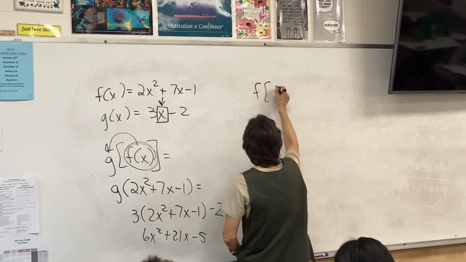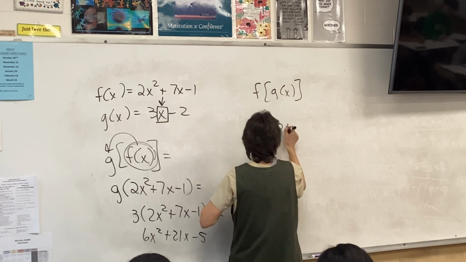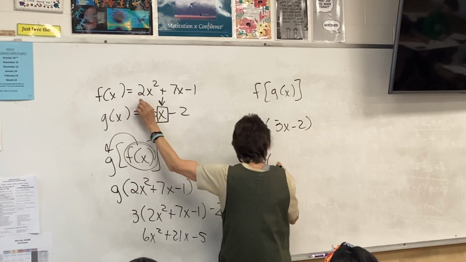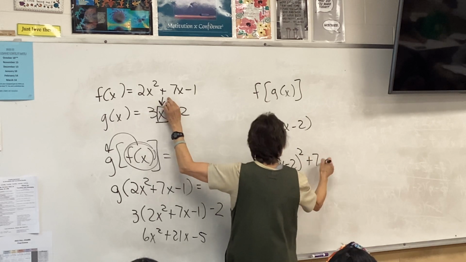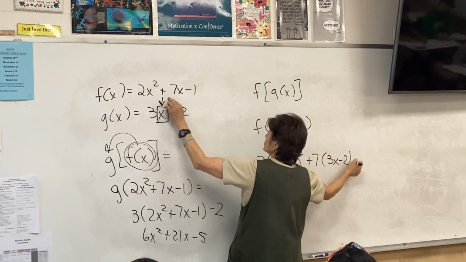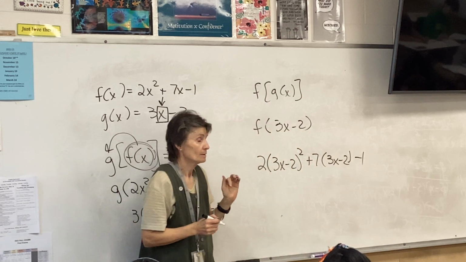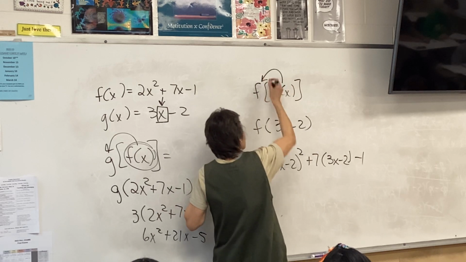So f of g of x would be f of 3x minus 2, which means 2 times 3x minus 2 squared plus 7 times 3x minus 2 minus 1. You see that? That's going the other way. It's always this one into this one.